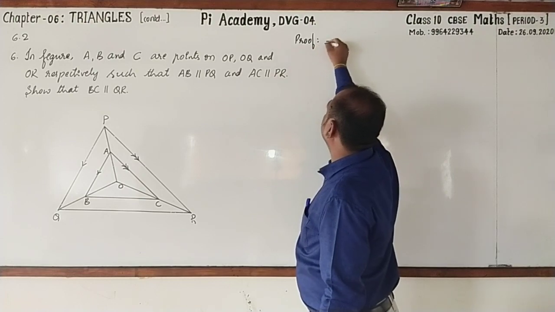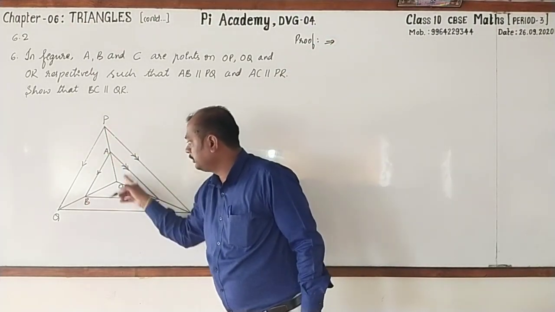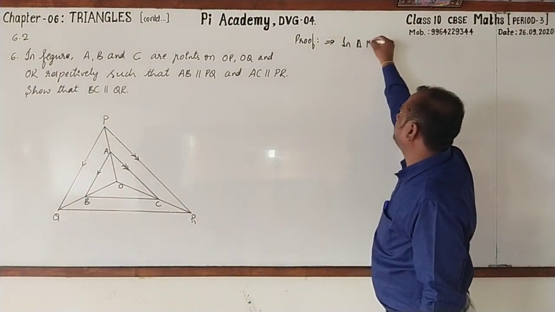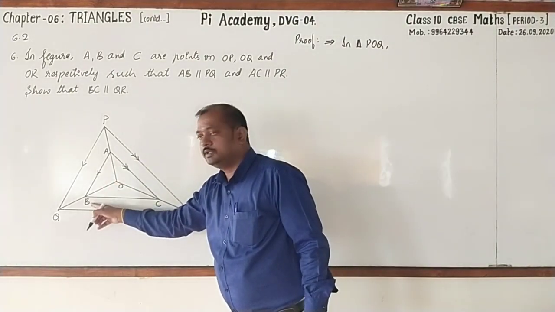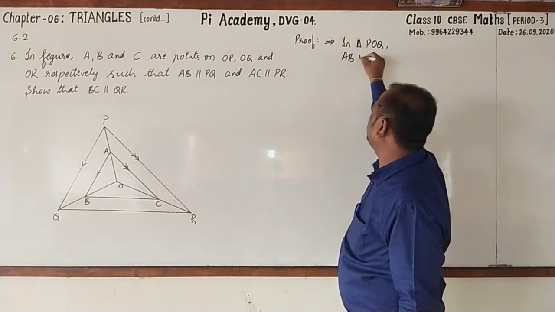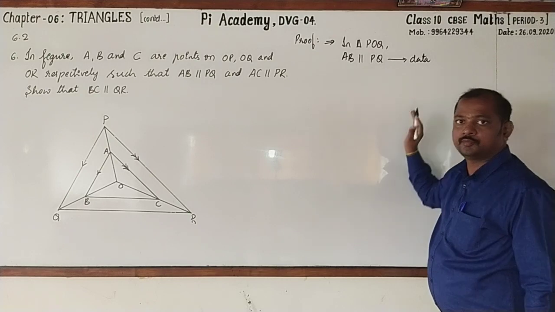Yes. Here, let's go for taking the triangles one by one. POQ. In triangle POQ. Yes, tell that. Here, in this, AB parallel to PQ. AB parallel to PQ, this is from data. Followed?